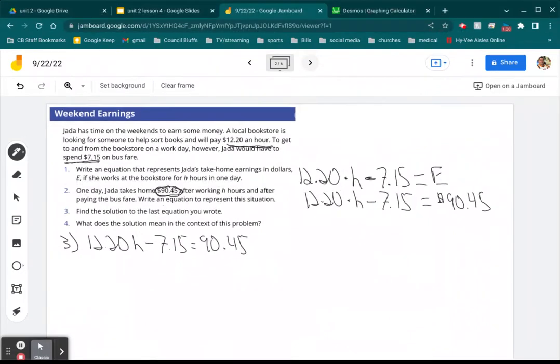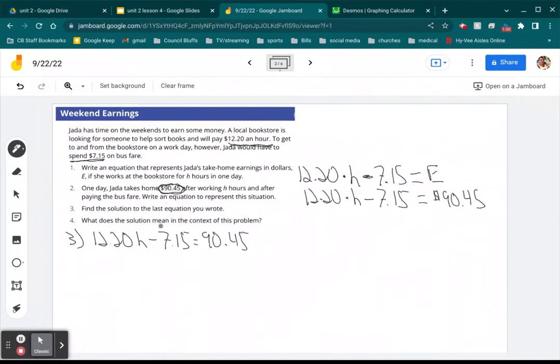How am I going to get rid of the subtraction? I'm going to do the opposite. So the opposite of minus is plus. So I'm going to add $7.15 to both sides.